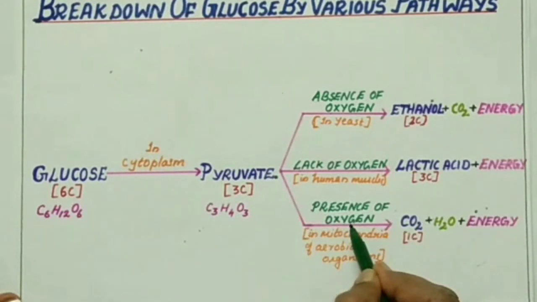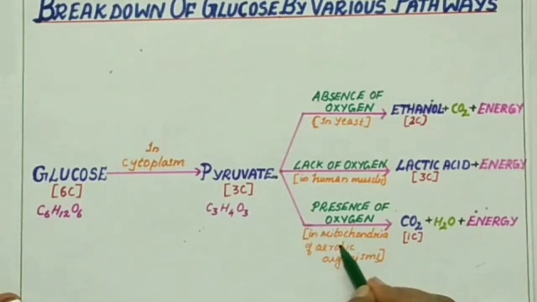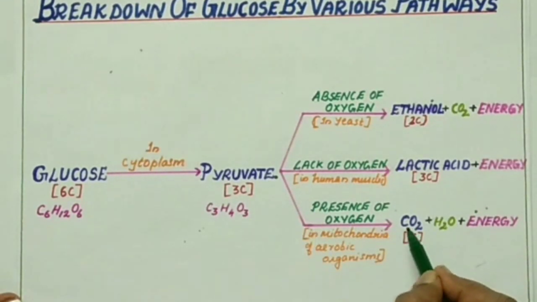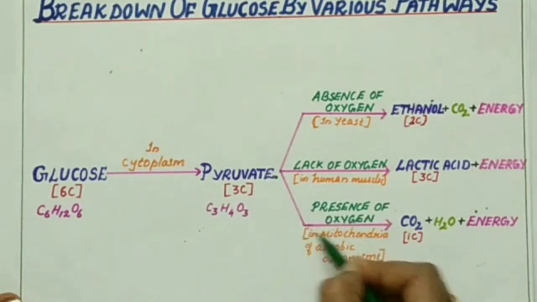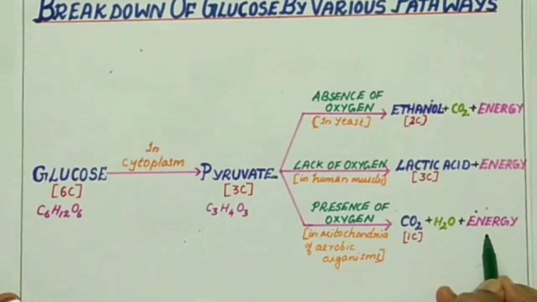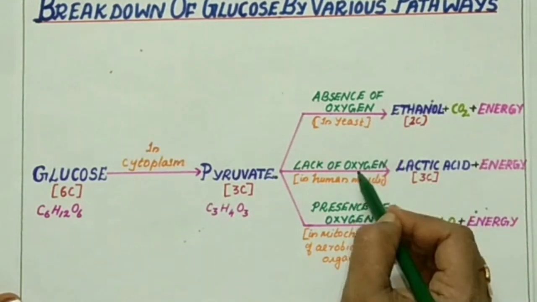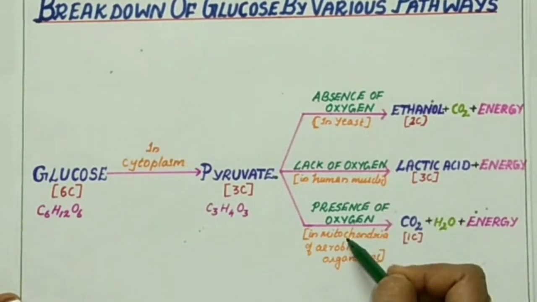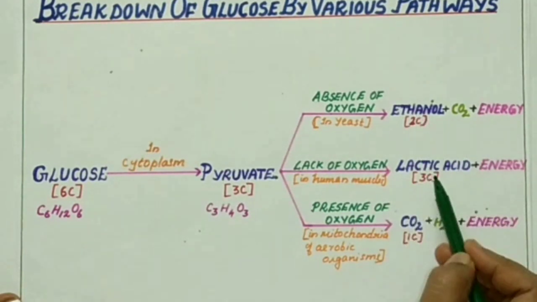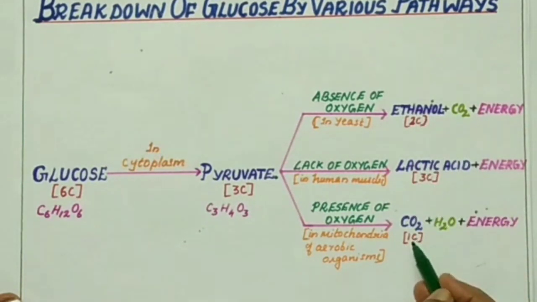The next pathway: in the presence of oxygen, the pyruvate enters the mitochondria and breaks down into carbon dioxide. Here the pyruvate is completely broken down into carbon dioxide and water, and energy is released. So these are the 3 pathways by which glucose is broken down into ethanol, lactic acid and carbon dioxide.